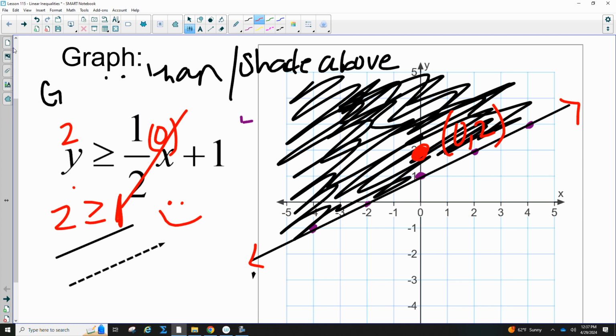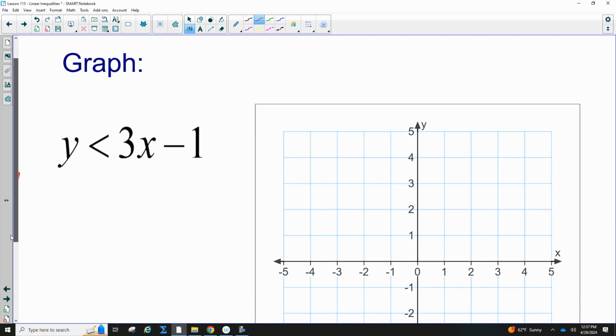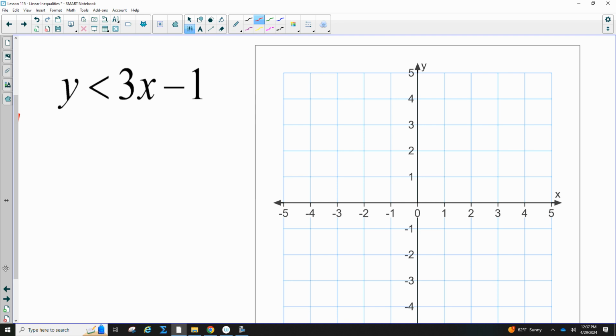All right, let's try this one. Go ahead and write this down: y is less than 3x minus 1. Everyone, what is the y-intercept? It is -1, so we'll put a point at -1 on the y-axis.